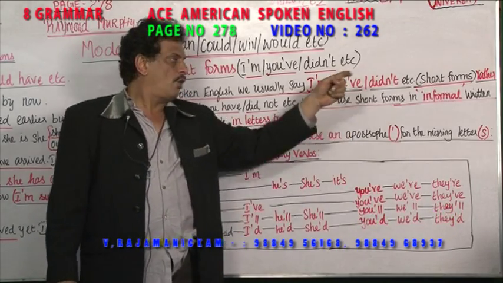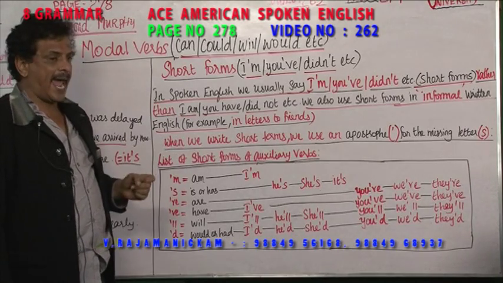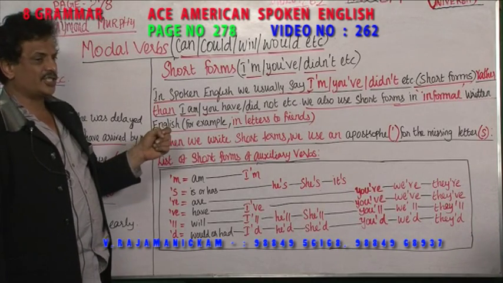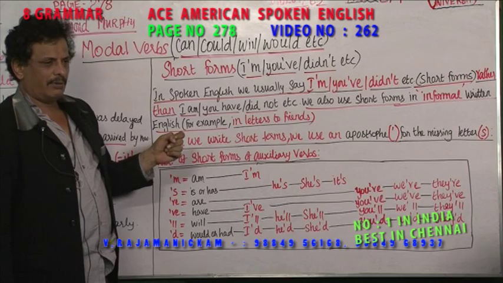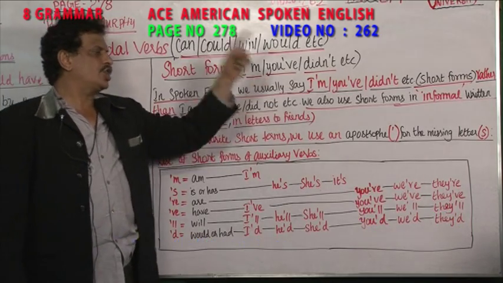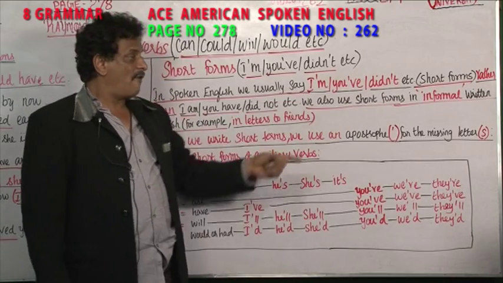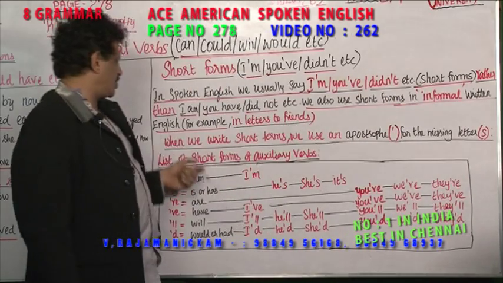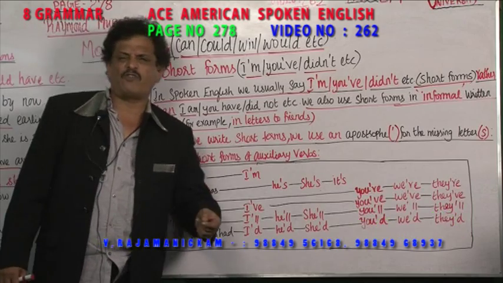These are short forms rather than I am, you have, you did not, and so on, which are not used in spoken English. We also use short forms in informal written English. What do you mean by informal written English?